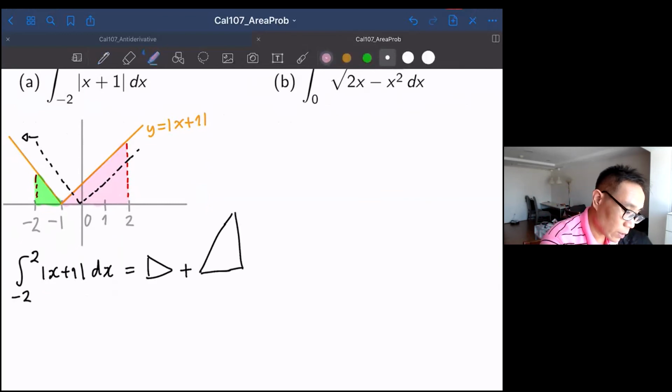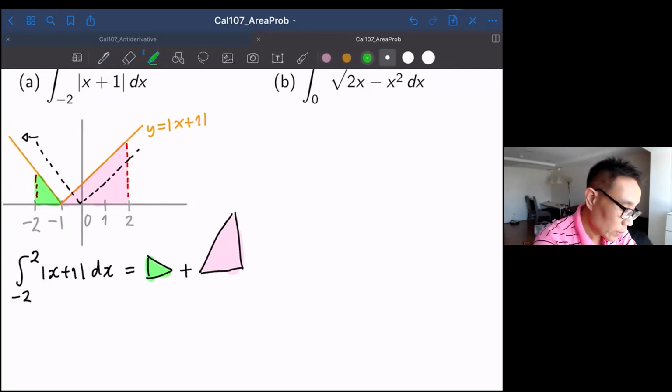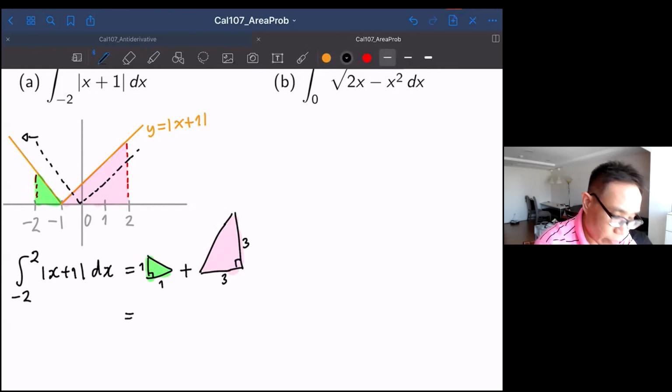So the pink one, the green one. Okay, so the green one will be 1 and 1. The pink one will be 3 and 3. Okay, so in this case, you would get 1/2 times 1 times 1.